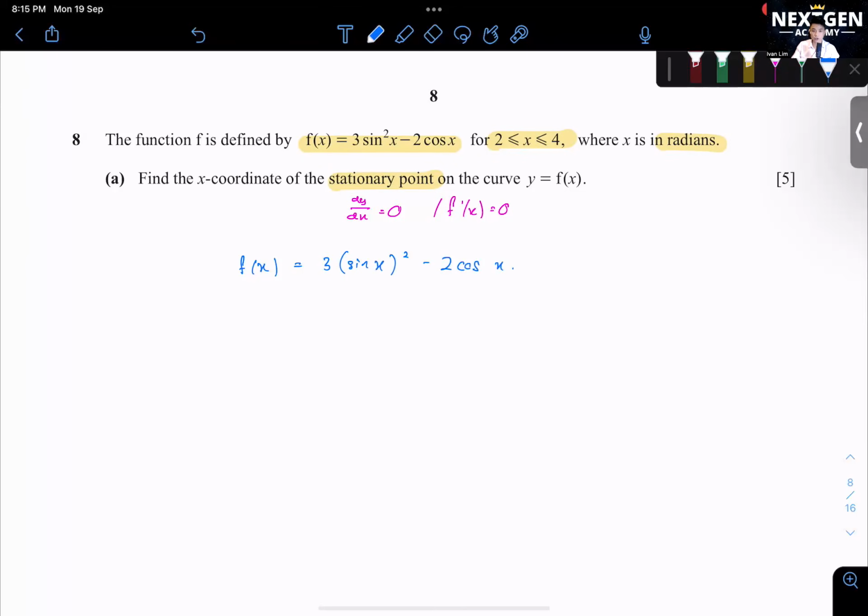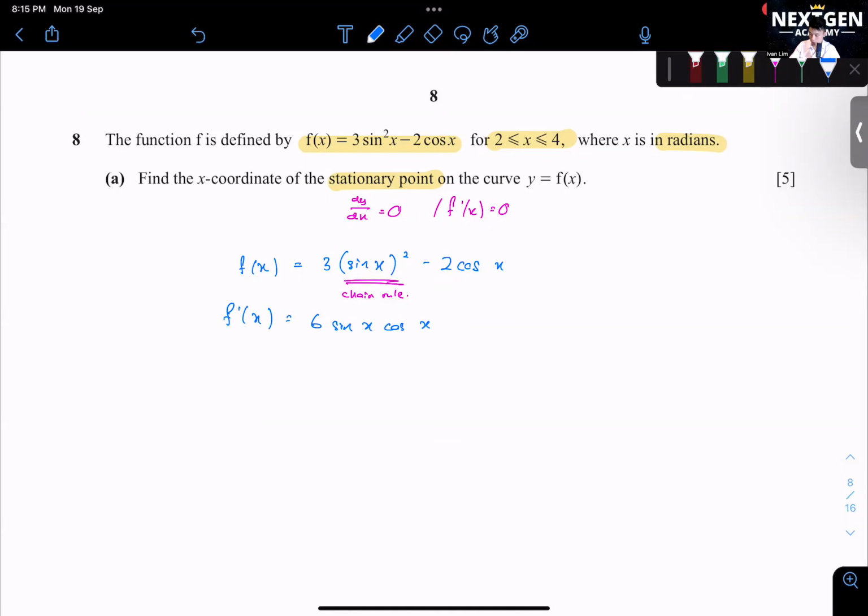This will be easier for you to see before you differentiate it. Then we differentiate it. The bracket there, this one we use chain rule, which you will get what? 6 sine x cos x, this one minus 2 cos x.